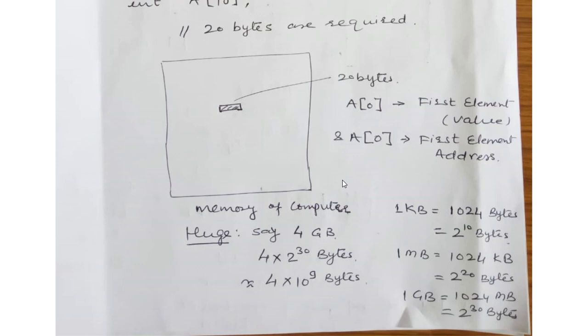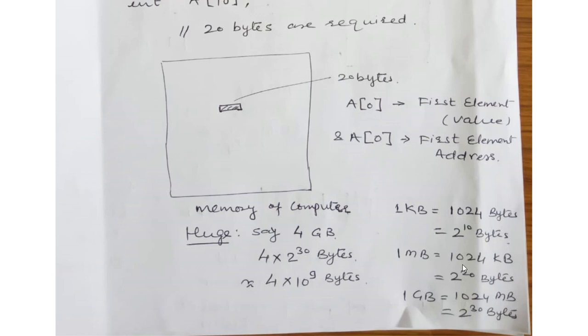Now I want you, because you are computer students, to always be aware of the units of memory. So you use memory as 1 KB, 1 MB, 1 GB. 1 KB is what? KB is kilobyte. It is 1024 bytes, that is 2 to the power 10 bytes. It is approximately equal to 10 to the power 3 bytes.